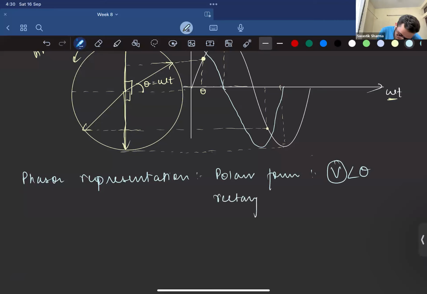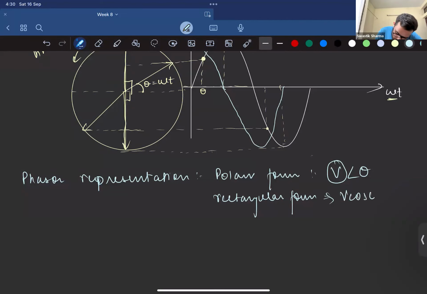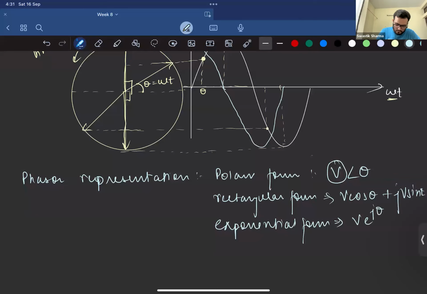There is a rectangular form where we use imaginary numbers to represent it, let's say, r plus j times x, right? And since we are talking about the same form, it can also be represented like this, V sine theta. And there's exponential form as well, where you represent it like this. So you can choose whichever form you would like to work on, or which you find useful. It's up to you.